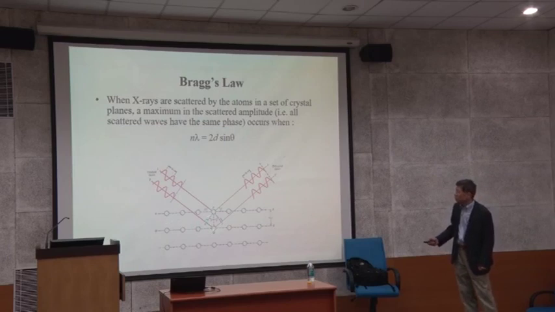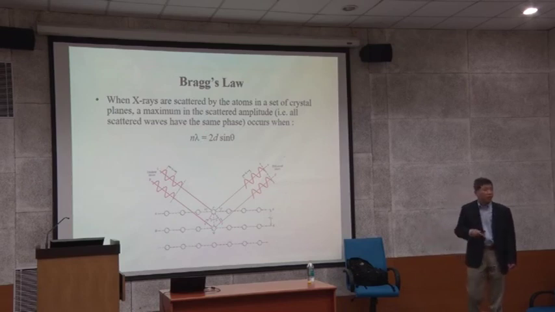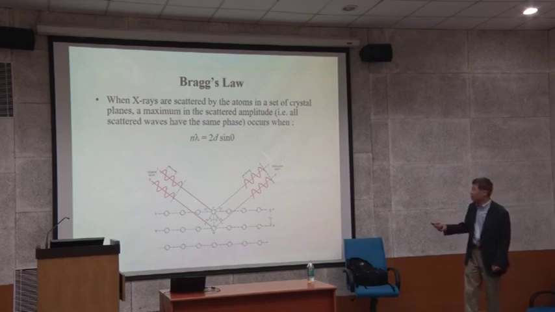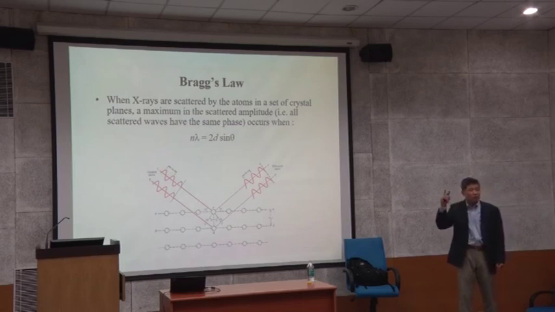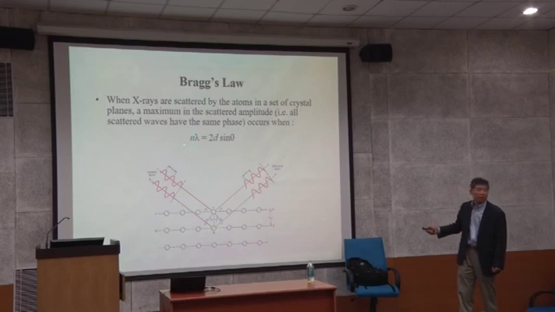This path difference is actually 2d sin theta, where d is the d spacing between these two planes, and theta is the Bragg angle, and that is the actual path difference, but you have two of those. So 2d sin theta equal to a number of wavelengths, either 1 lambda, 2 lambda, 3 lambda, and you get constructive interference. That's why you get very sharp peaks at certain angles which meet the path difference of 1 lambda, 2 lambda, 3 lambda, and this angle theta changes.